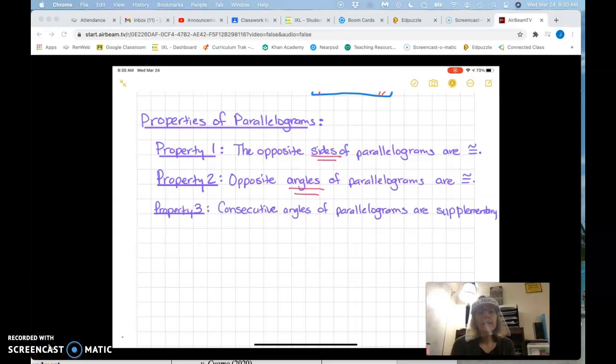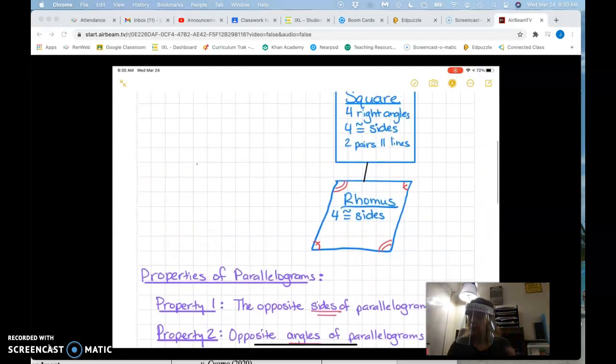That means consecutive means they're right next to each other. So if you take 2 of the angles that are next to each other, for example, this angle plus this angle, they're going to add up to equal 180. That's what that means, okay? You could do the same with these 2 angles on the top. Those would add to 180 also.